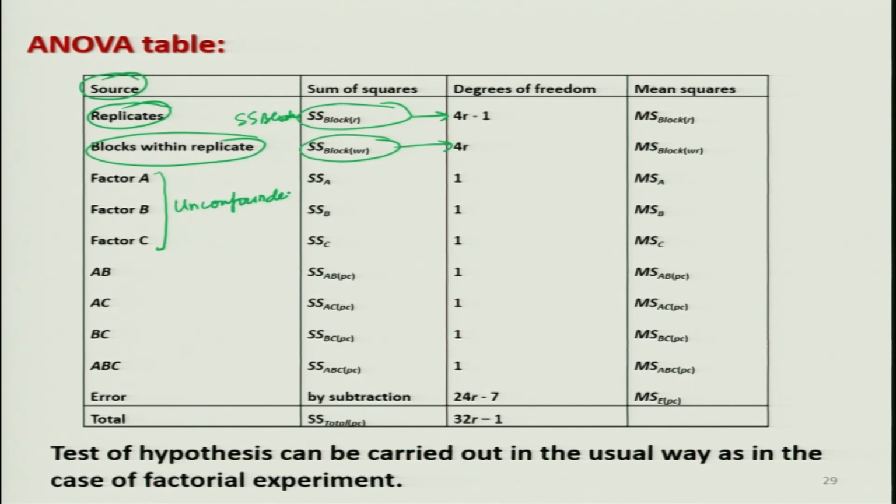And then we have three factors A, B and C which are unconfounded, and we have obtained their sum of squares as SSA, SSB, SSC, and that is exactly the same as what you would have obtained in the case of complete factorial, when instead of r replicates you have a larger number of replicates, which is 4r.